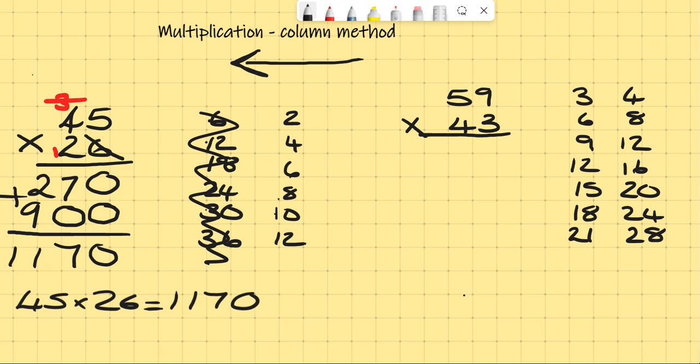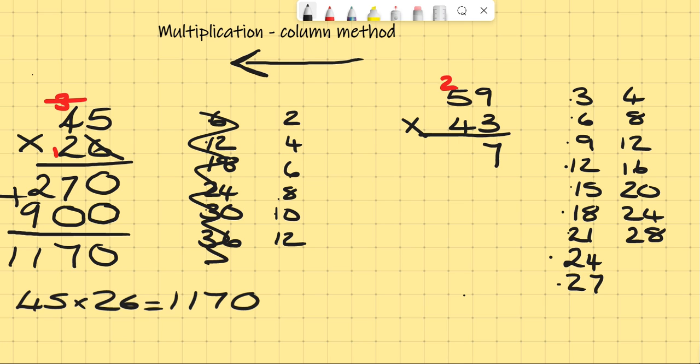Okay. Right, working from right to left then. 9 3s. Let's have a look. 1, 2, 3, 4, 5, 6, 7, 8, 9, 27. So you put the 7 down and you carry that 2.